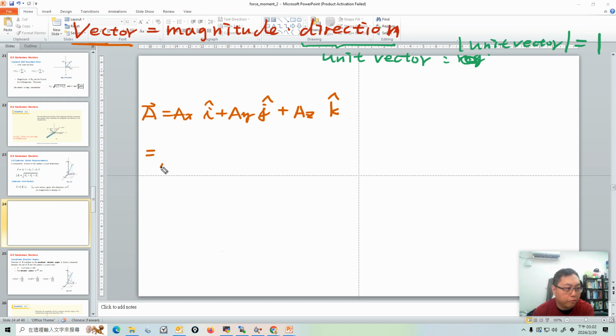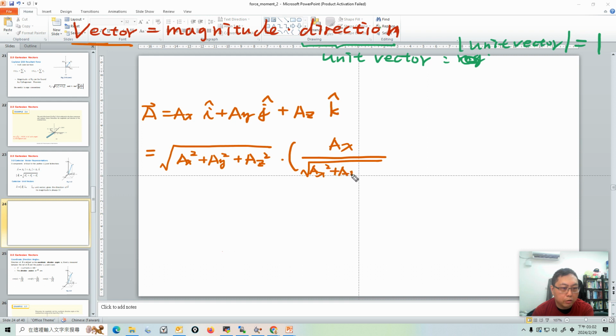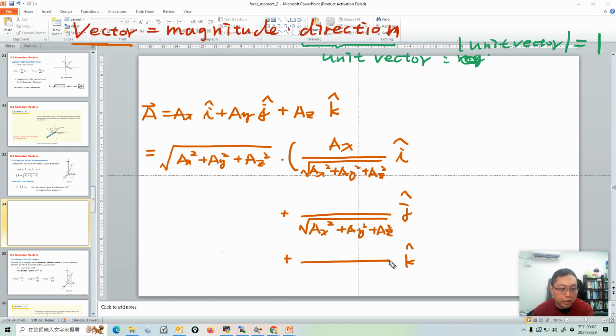I can factor this out because the magnitude is just a constant, times Ax squared plus Ay squared plus Az squared, plus j and plus k. I just factor the magnitude out, and nothing changes.